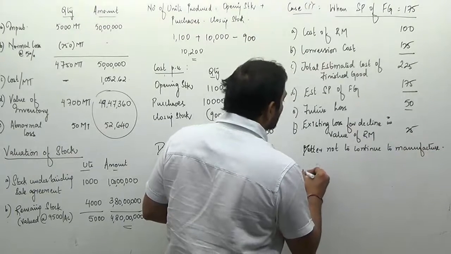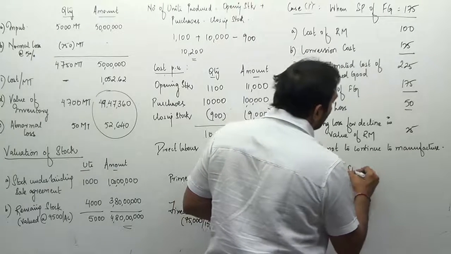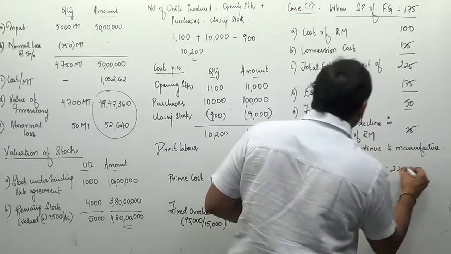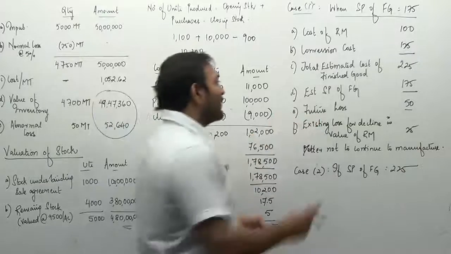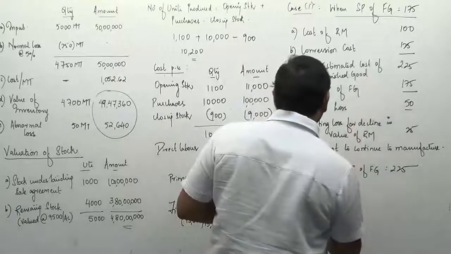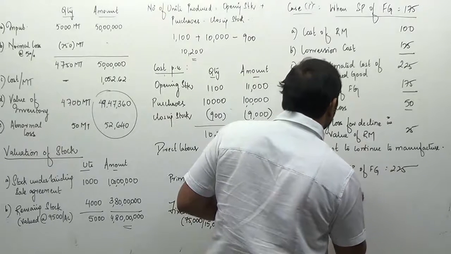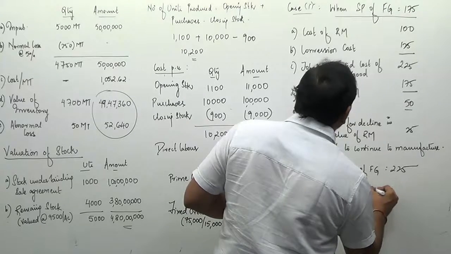However, if it is case 2, if the selling price of finished good is equal to 225, in such cases the future loss will be 0 because my estimated cost of completion is 225.